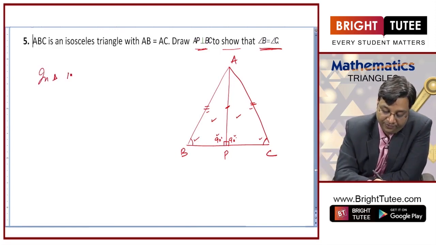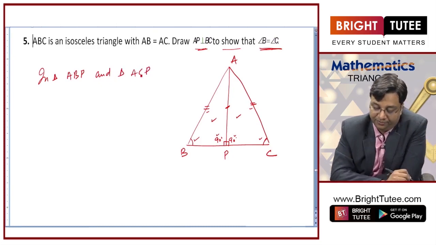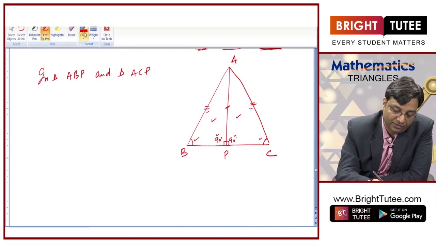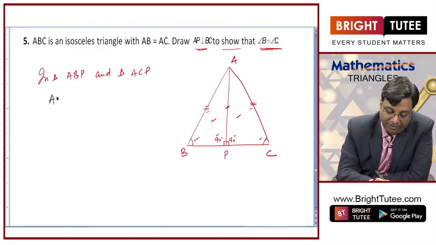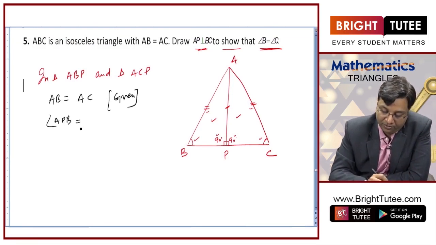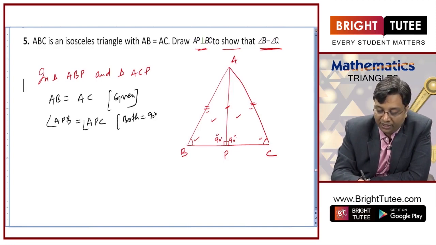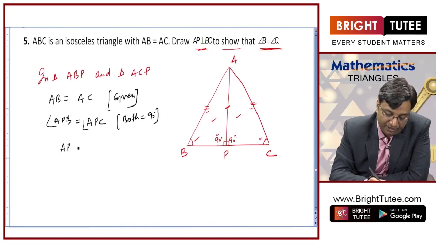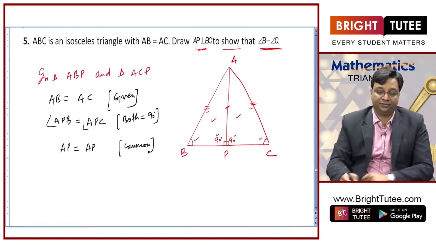So, in triangle ABP and triangle ACP, in these two triangles, AB is equal to AC, it is given, right. Angle APB is equal to angle APC, both are equal to 90 degrees, and side AP is equal to side AP because this side is common in both these triangles.